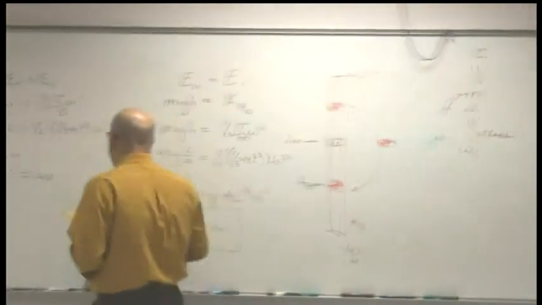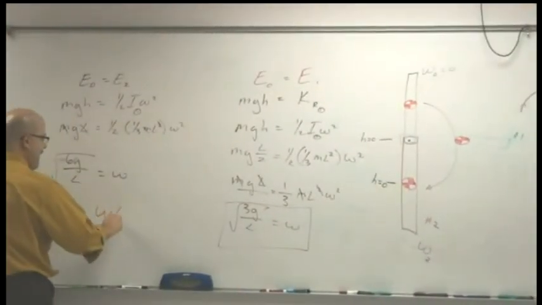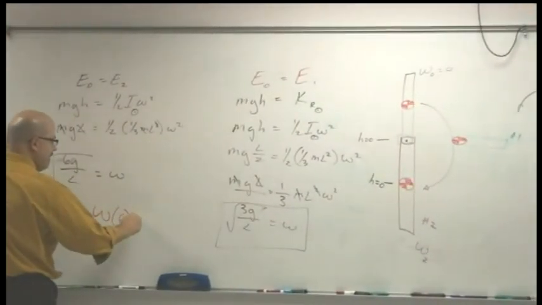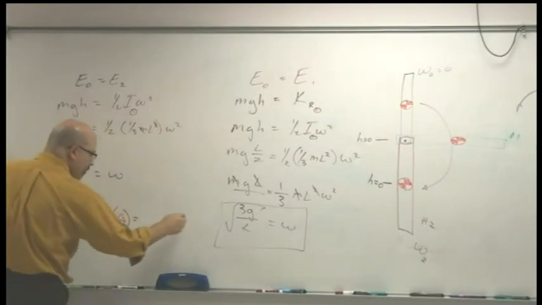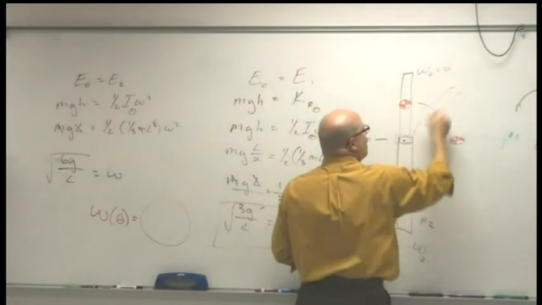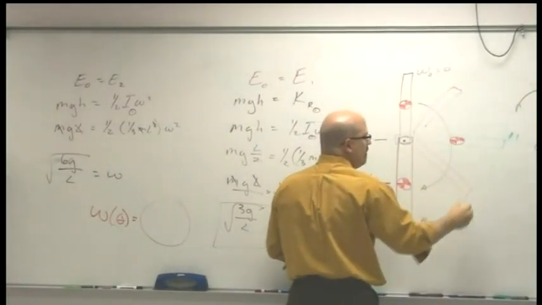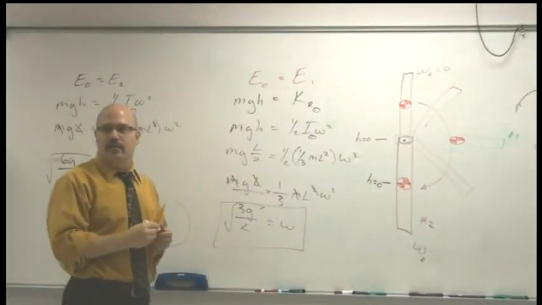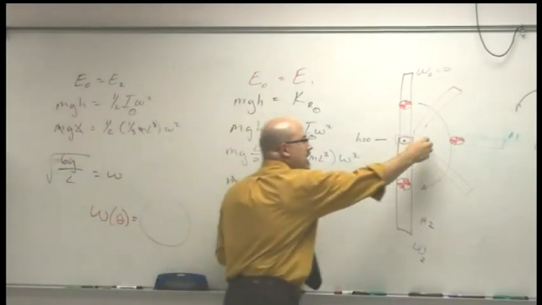is derive an equation that will tell me at any angle theta what the omega is. Omega at any angle theta equals something g over something. So if it happens to be here or here or here or here.